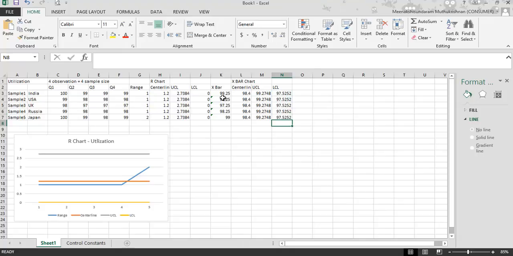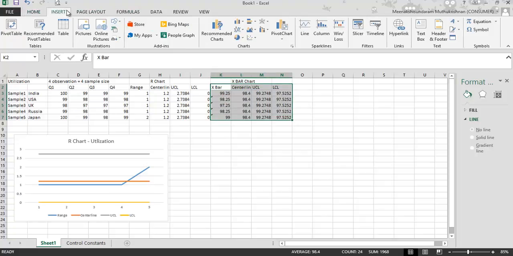Okay, so now we have the XBAR R chart data as well. We have all the data now, and we are good to create the XBAR R chart. Just drag the data, and similar to what we have done, go to insert and create a line chart.